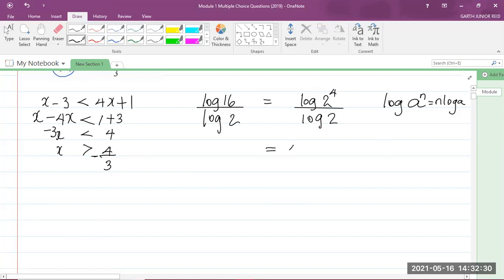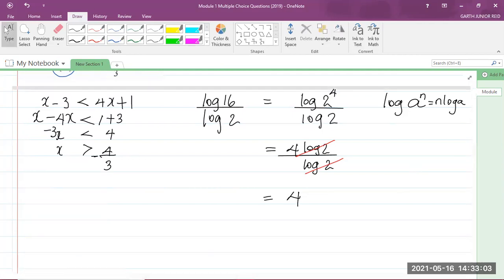This is now equal to 4 multiplied by the logarithm of 2, and in the denominator I also have the logarithm of 2. Clearly, you can see that I have the logarithm of 2 in the numerator and denominator, so those logarithms can cancel out, which gives us 4 as our answer.